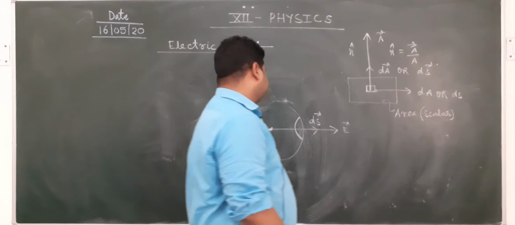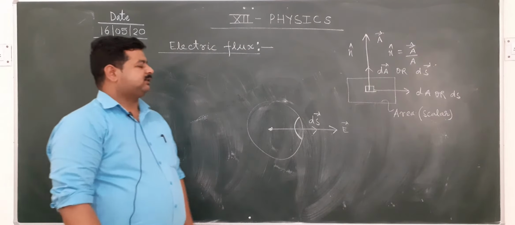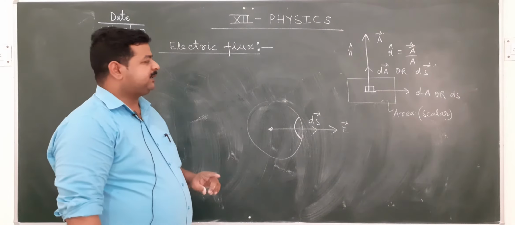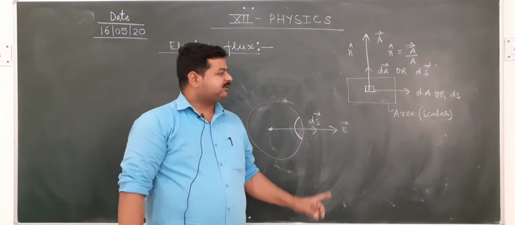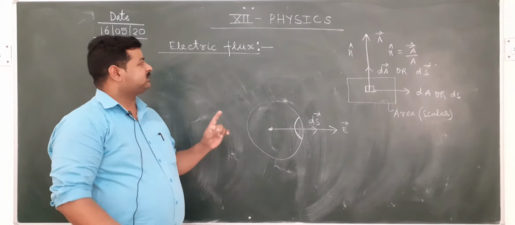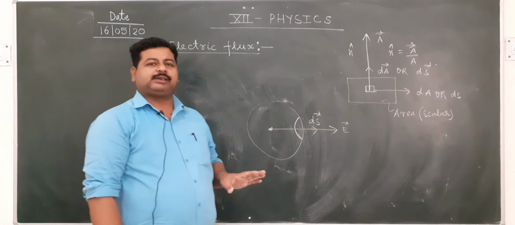Why do we study the area vector? Because with the help of the area vector, the electric field intensity, and the angle between the area vector and the electric field intensity, we describe the electric flux.